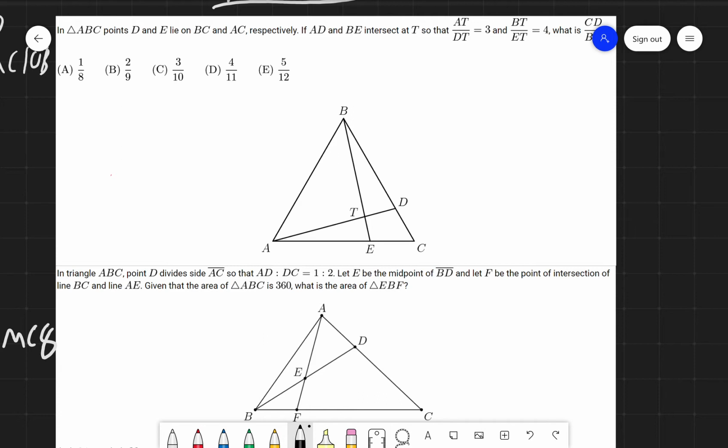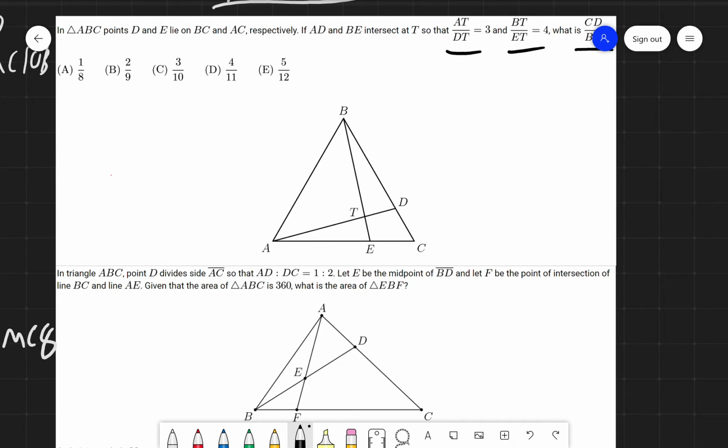Typically a giveaway for mass points is ratios and no known side lengths. Then you really know that you need to use mass points.